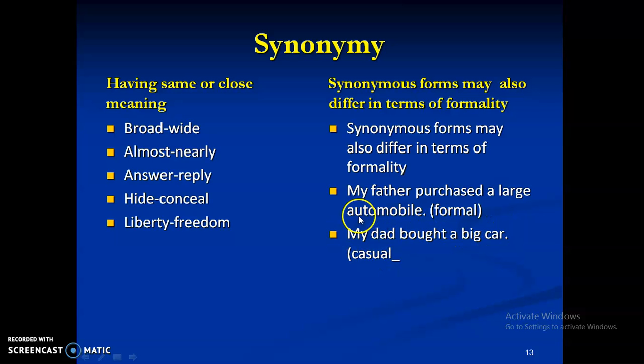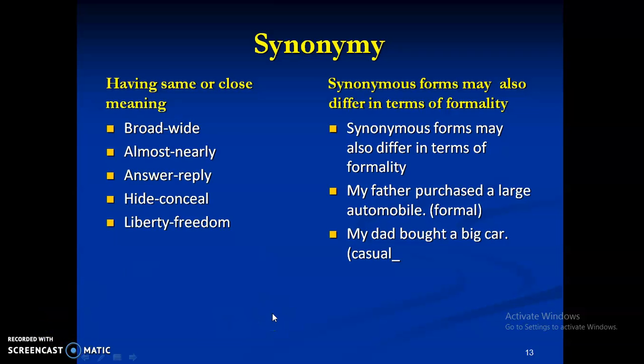Car and automobile are synonymous terms, but they differ from each other in degree of formality. This is a formal term and this is a casual term. So you may keep this feature in mind. Now I will discuss other lexical relations in the next video, because the video time for this tutorial lecture is 15 minutes, so it is going to be up.